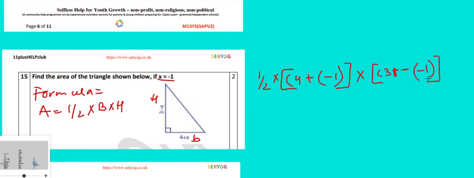Now solving, this is half, plus minus makes a minus, so it gives us 3 into, minus and minus makes a plus, so this gives us 4. The half cancels, and 3 times 2 is 6. Therefore the area of the triangle shown here is 6.